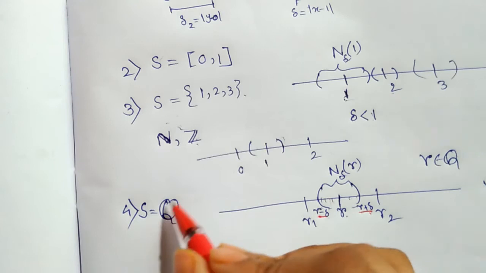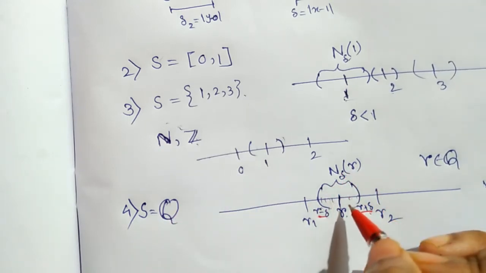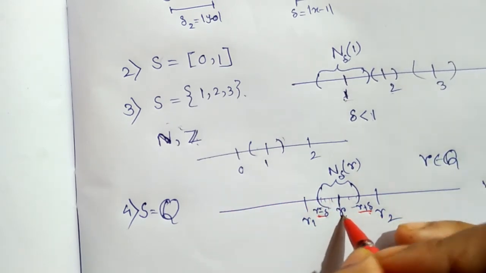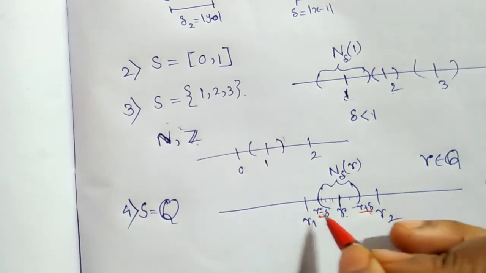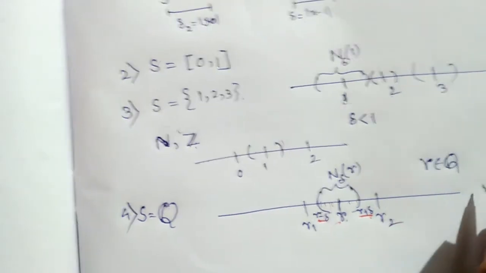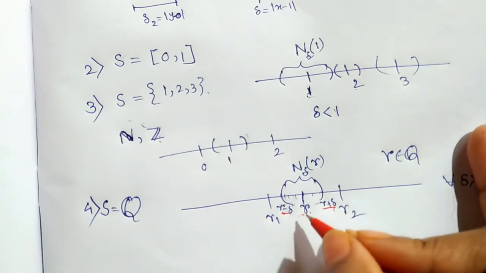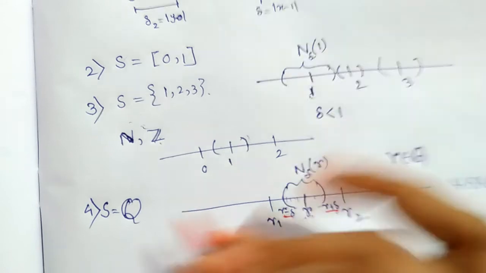Because S is the set of all rational numbers. So N_R(delta) contains infinitely many rational numbers other than R. We just need one rational number other than R. Therefore, for any delta greater than 0, every delta neighborhood of R contains a rational number other than R. Therefore R is a limit point of S.